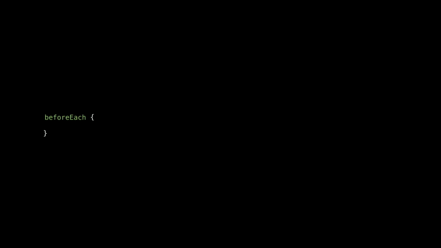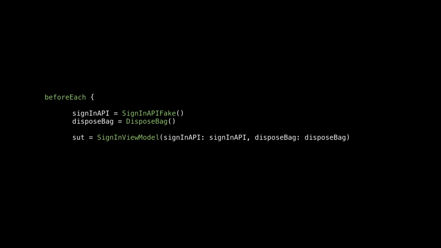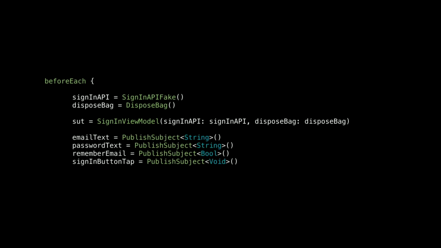So in the before each, we have a sign-in API of type sign-in API fake and a dispose bag. And we initialize our sign-in view model with the sign-in API fake and the dispose bag. And we initialize our input public subjects.